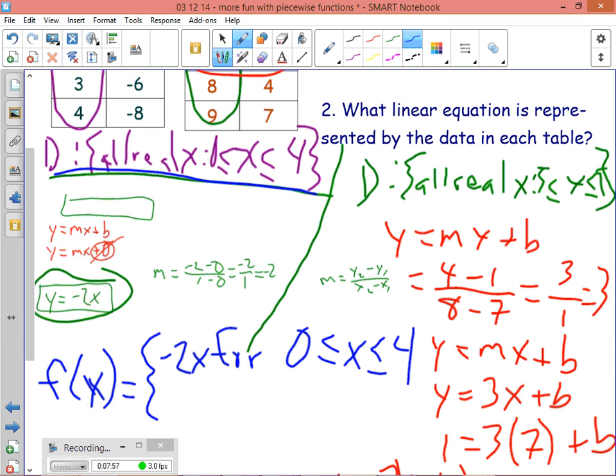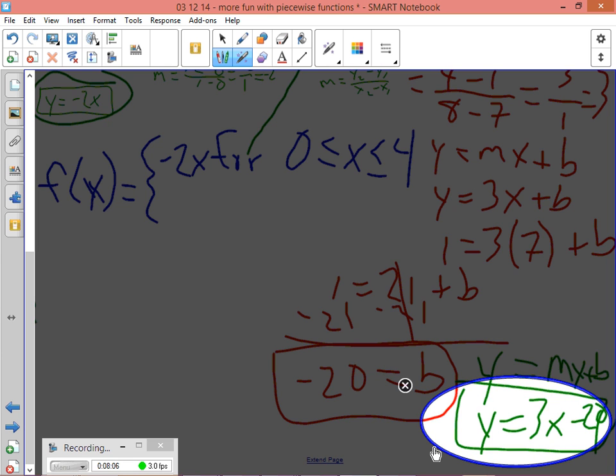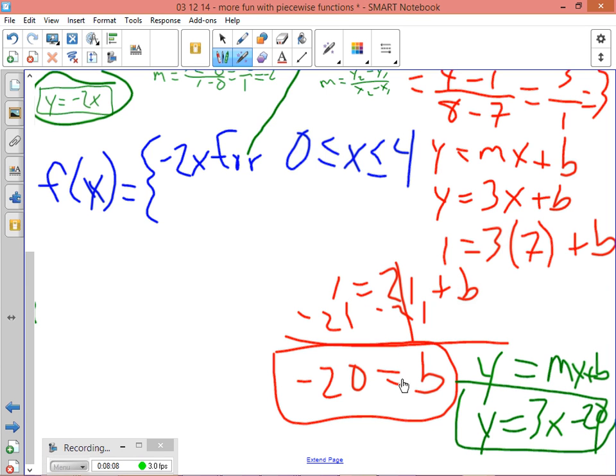Okay? And now I'm going to do the second part. The second equation that I just found, which is right here, y equals 3x minus 20. So I'm using the function notation, so f of x is equal to 3x minus 20.